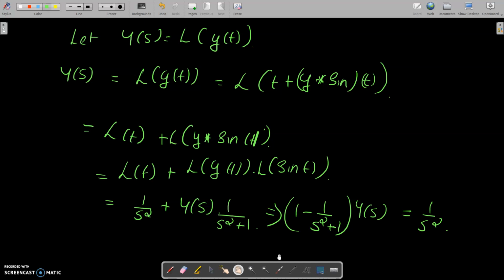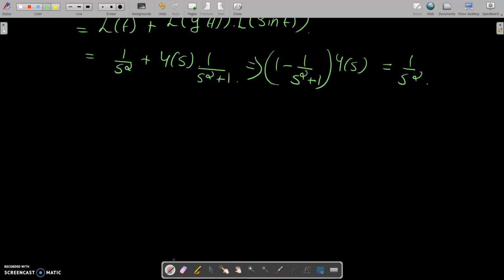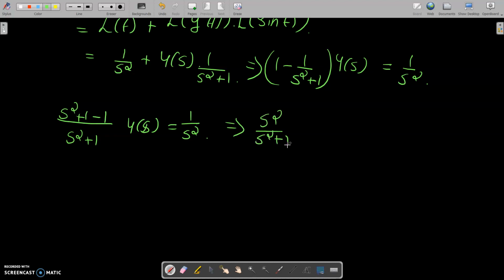So Y of s is equal to, let us simplify it. So s square plus 1 minus 1 divided by s square plus 1 into Y of s is equal to 1 by s square. This implies s square divided by s square plus 1 into Y of s is equal to 1 by s square.